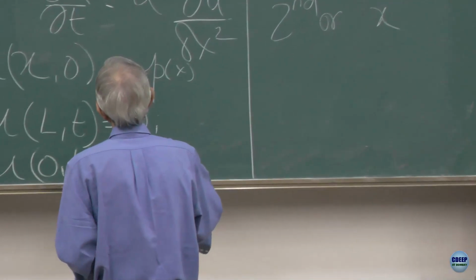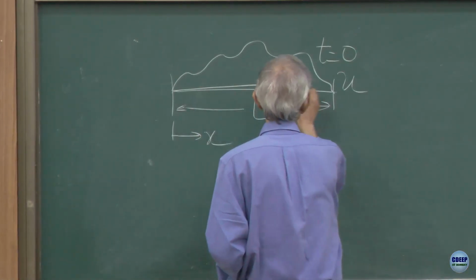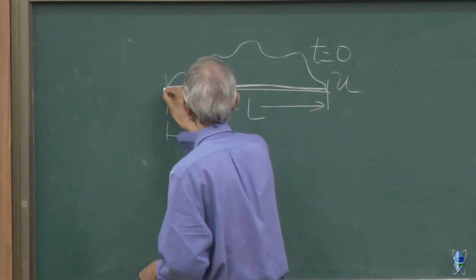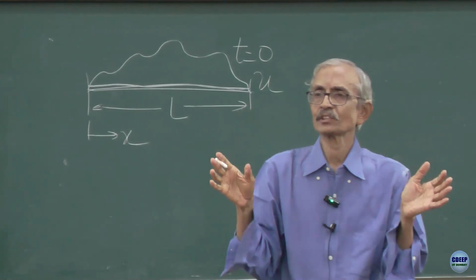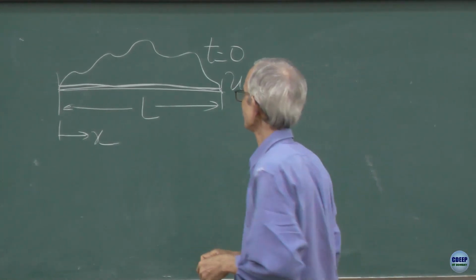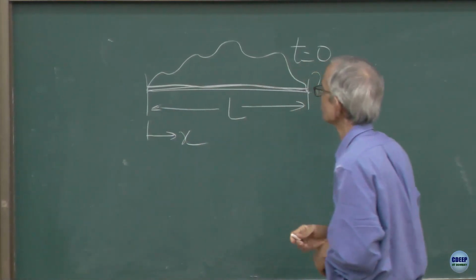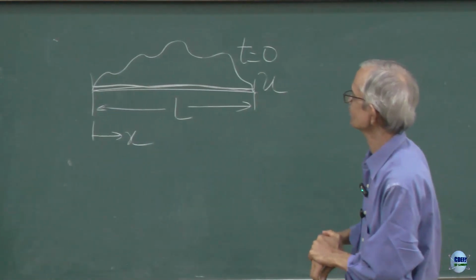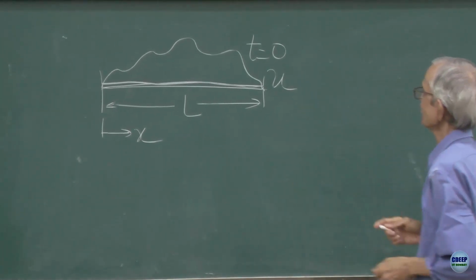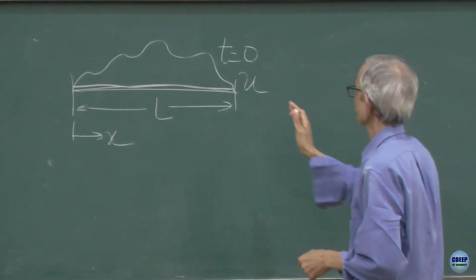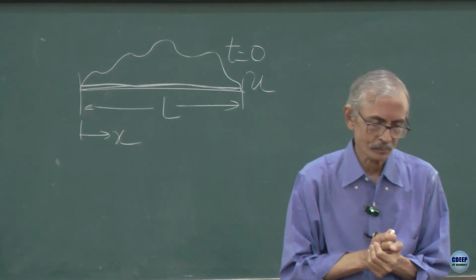Okay, so this is some kind of a rod, and initially there is a temperature distribution, and at all times at x equal to 0, whatever that dependent variable is going to be equal to 0, and at x equal to L also that number is going to be equal to 0.